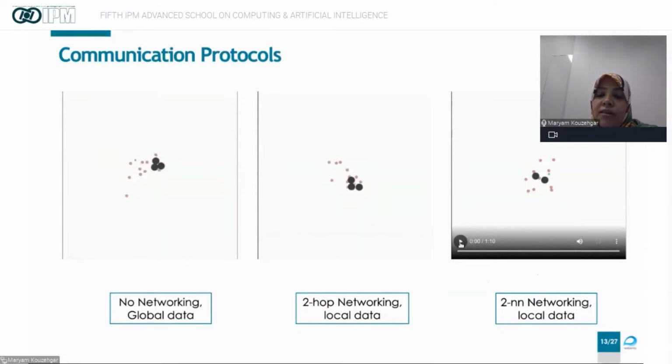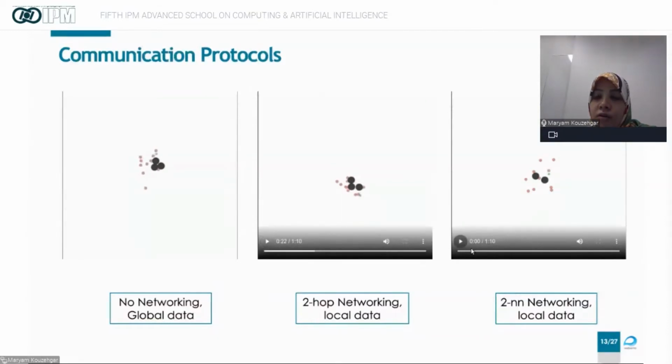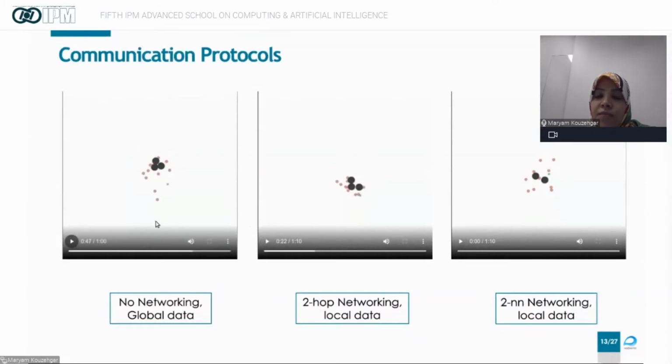And in the third one, we have the KNN networking policy with K equaling 2. Relying on local data, again, you can see the agents are capable of tracking the target. And this is how relying on local data works by adding communication protocols here.